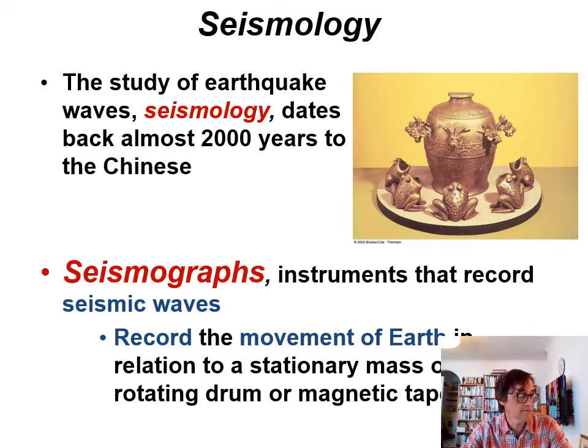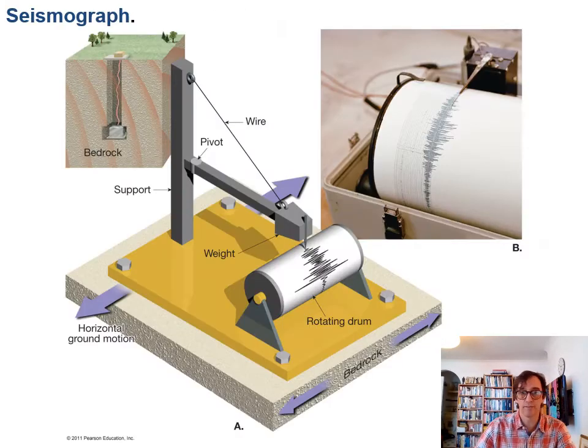Seismographs record the movement of the Earth in relation to a stationary mass on a rotating drum or a magnetic tape. Here you can see a rotating drum suspended underneath the Earth, and the instrument will take a reading, which is called a seismogram. With the pendulum here, the pivot will move back and forth, and you'll have that typical zigzag line from ground shaking.